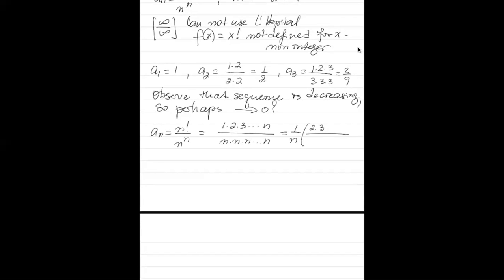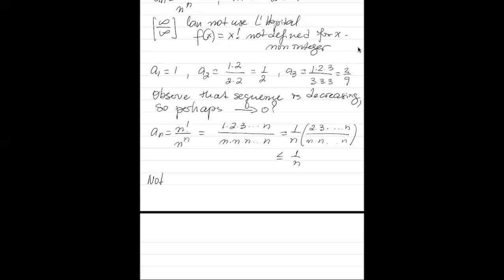I can put a 1 here, but that wouldn't make a difference. And then the product till n. And underneath, I have n times n of them. I'm going to write that this is less or equal than 1 over n.